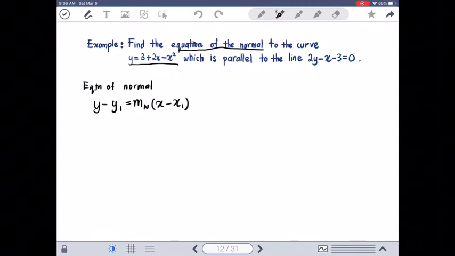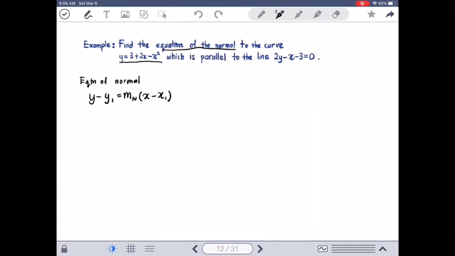The problem is we do not have our y1, we do not have our x1, and we do not know our gradient. But we can actually find these values based on the information given.